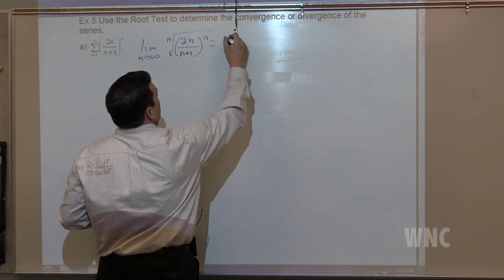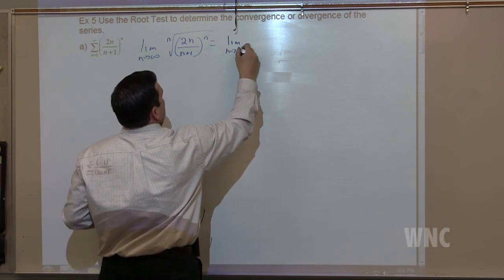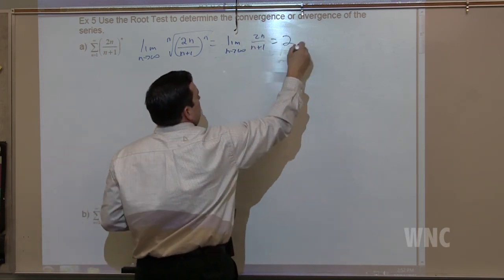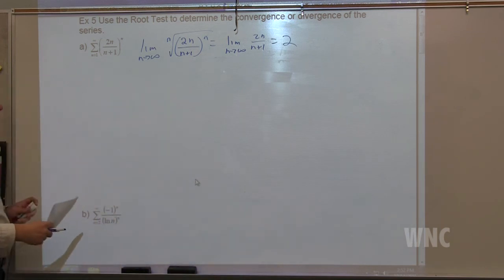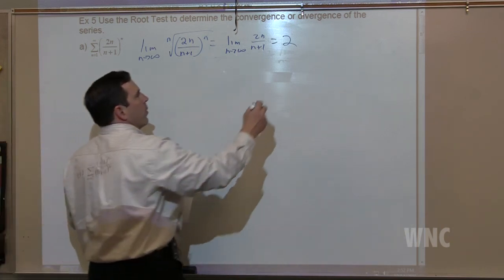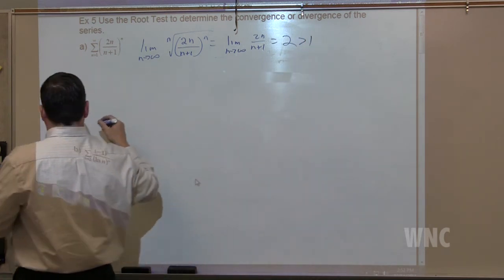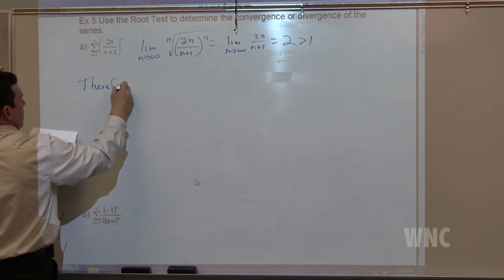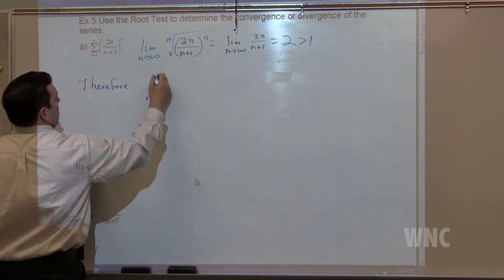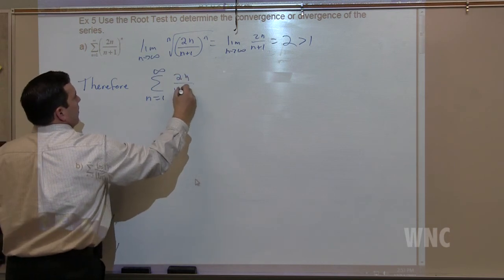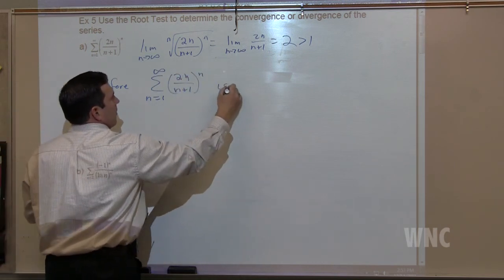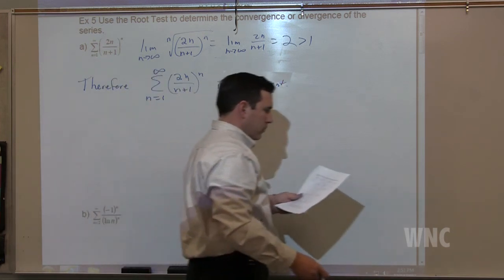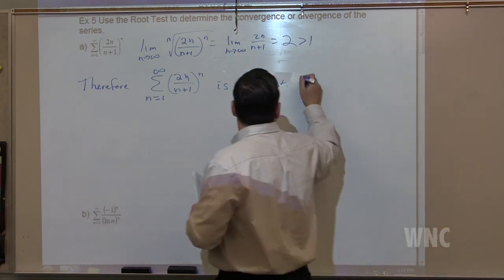So that's going to be the limit as n goes to infinity of 2n over n plus 1. That's going to be 2. The limit there is 2, which is bigger than 1. Therefore, this is divergent by the root test.